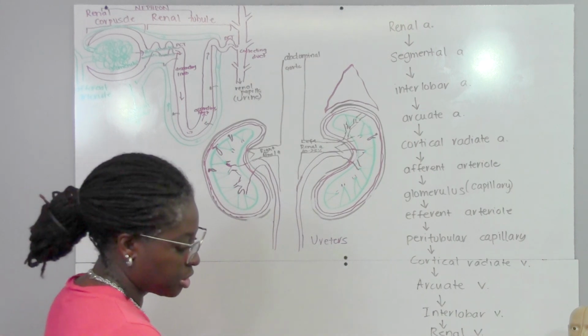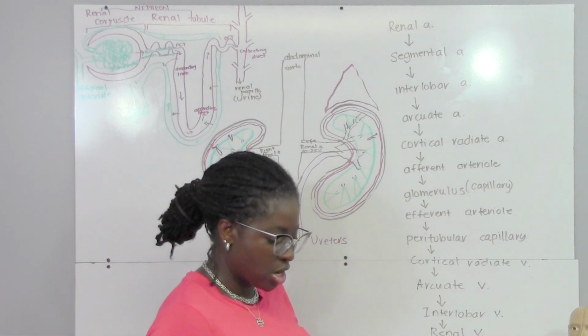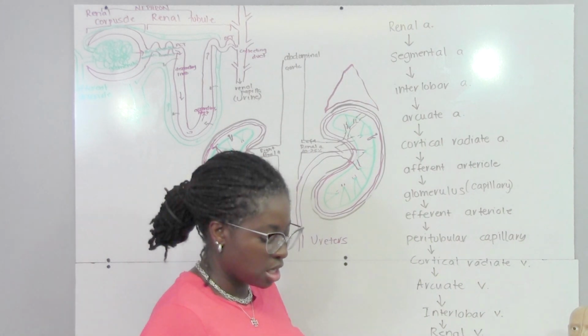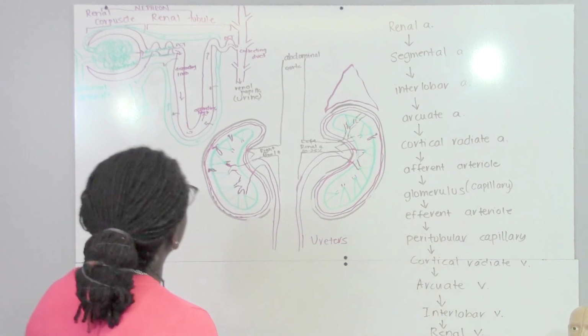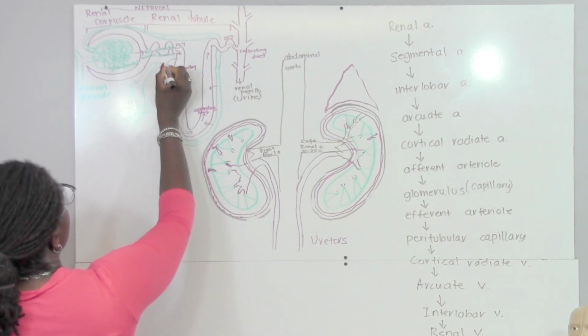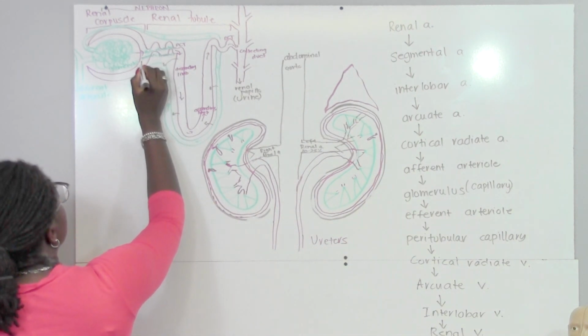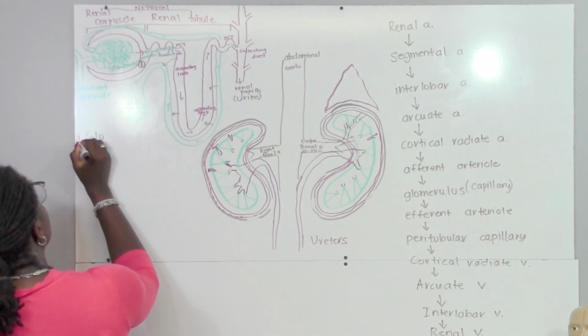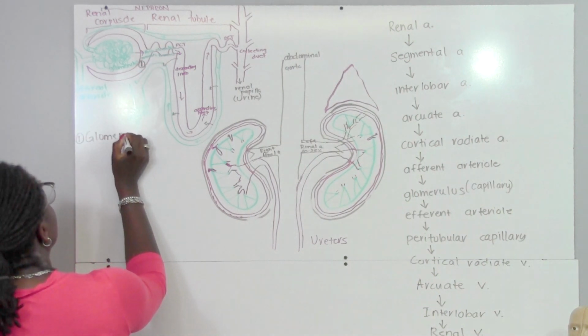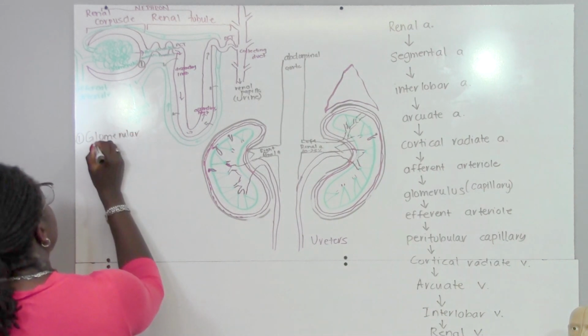The initial movement of things there at the glomerular capsule is going to be called glomerular filtration. So this process of moving things across, I'm going to put a 1 here. That's called glomerular filtration.